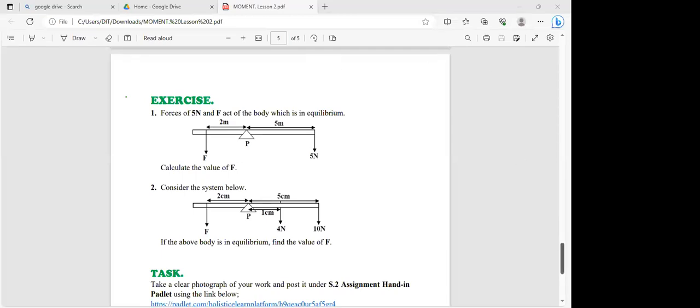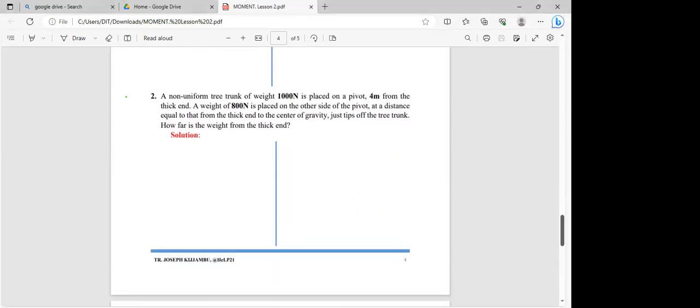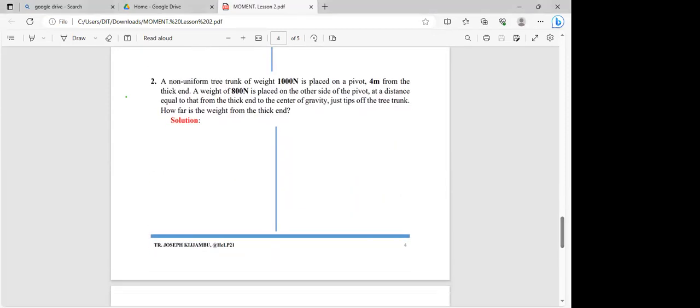I was saying that we are going to try out this number 2. The reason I'm bringing it at the end is because it will need us to think more than the ones that we have done. It is saying that we have a non-uniform tree trunk whose weight is 1,000 newtons.